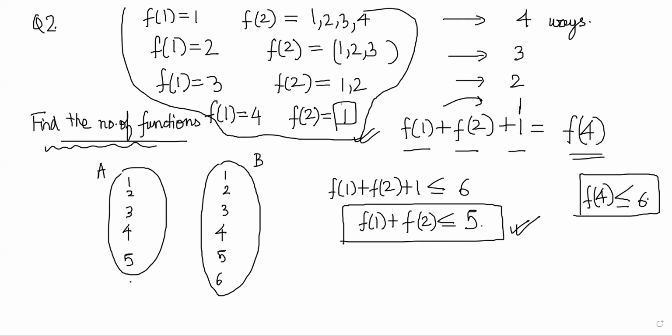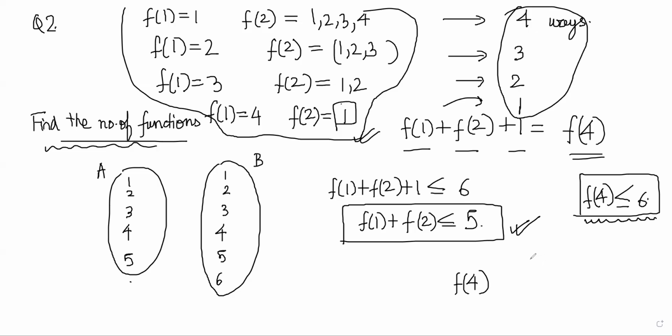Yes. So now for each of these 4 cases, we still have to decide what will be f(5) and f(6), right? No, not f(6), f(4) and f(5), right? Yes. f(4), the only thing we know is that f(4) is less than or equal to 6, right?